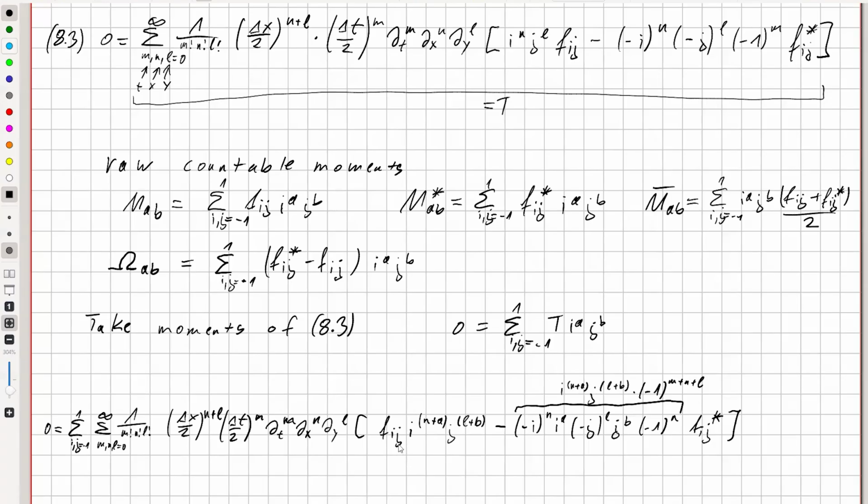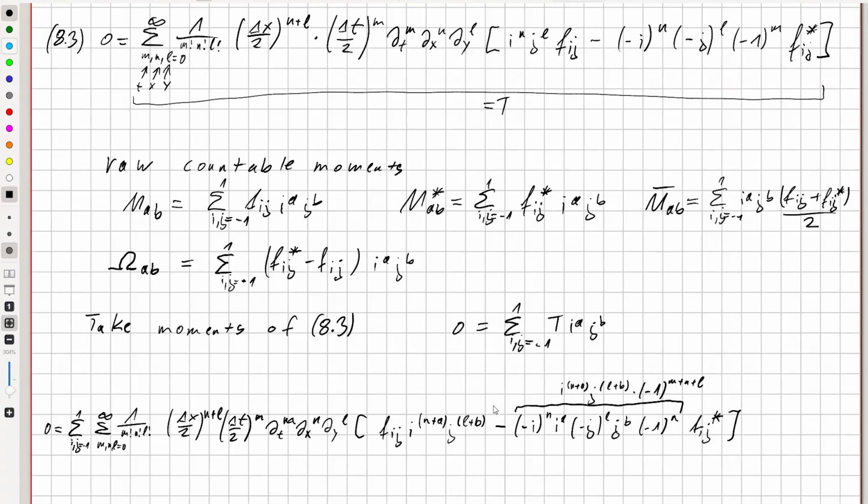So what you should identify here now is that you have the moments, the pre-collision moments and the post-collision moments. And actually, whether you have the sum or the difference of the post-collision moments depends on the sum m plus n plus l, right?